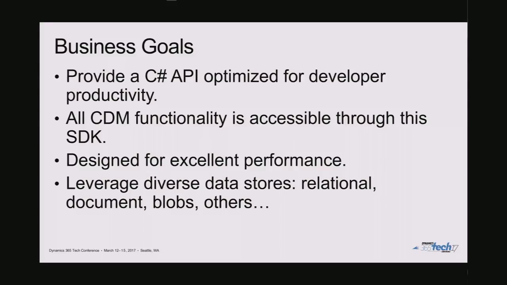It was designed for excellent performance. When you start using the SDKs, you will notice that this has caused some design decisions to be made for you, and they have been made with that in mind. There's something we'll talk about, transactions and some other things, and they are modeled in a very specific way to allow you to not fall into some of the traps that we know existed in the X++ world.